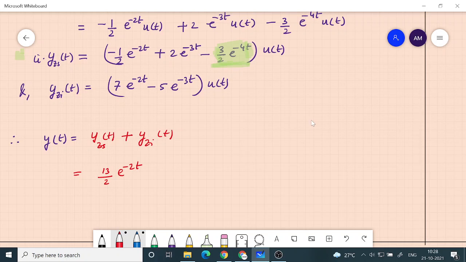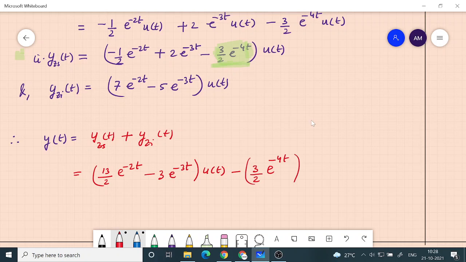That is one term, and then we have 2 minus 5, that is minus 3 e raised to minus 3t, into u of t, plus, or rather it is minus, there is another term which is 3 by 2 e raised to minus 4t u of t.